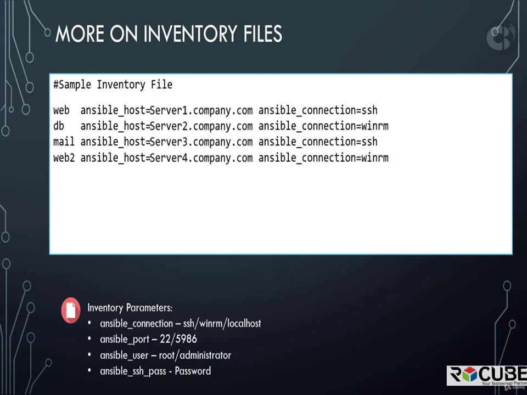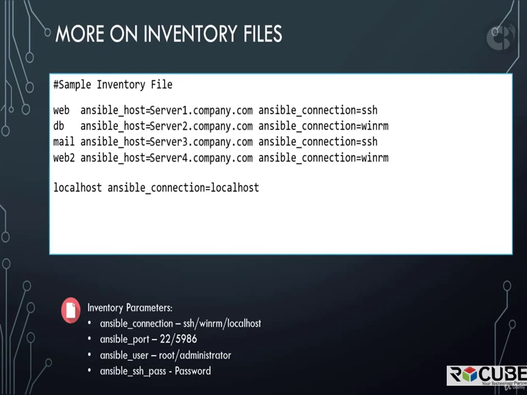This is how we define if the target host we wish to connect to is a Linux or a Windows host. You could also set it to localhost to indicate that we would like to work with the local host and not connect to any remote hosts. If you don't have multiple servers to play around with, you could simply start with a localhost in your inventory file.